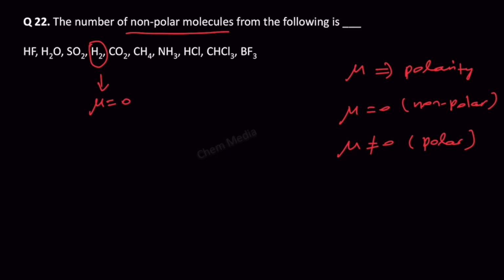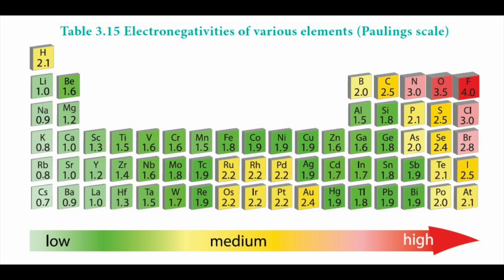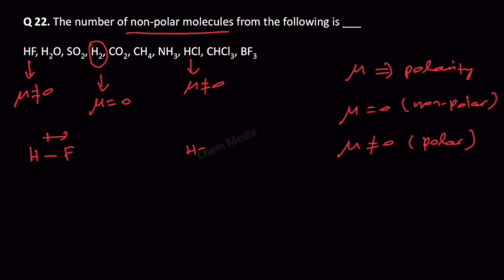On the contrary, heteronuclear diatomic molecules such as HF, HCl, for these ones, the dipole will be non-zero. Why? Because of the electronegativity differences. So basically in HF the dipole orientation will be this way because fluorine is more electronegative than hydrogen. Likewise in HCl the dipole moment orientation will be this way.